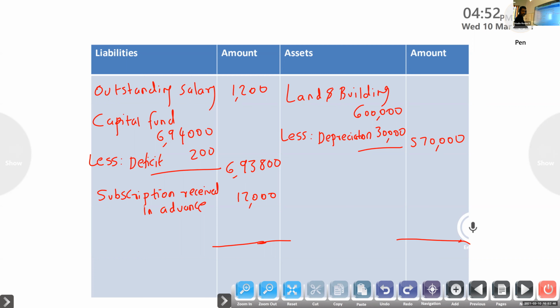Okay, outstanding subscription of last year will not come because we received that one. Next one, outstanding salary is included this year, so we have to minus.